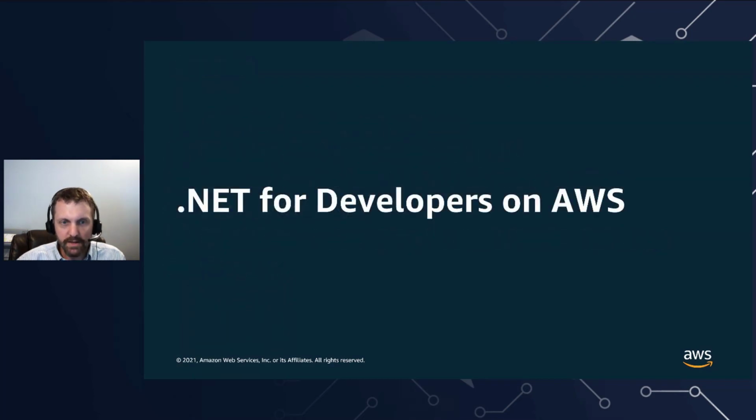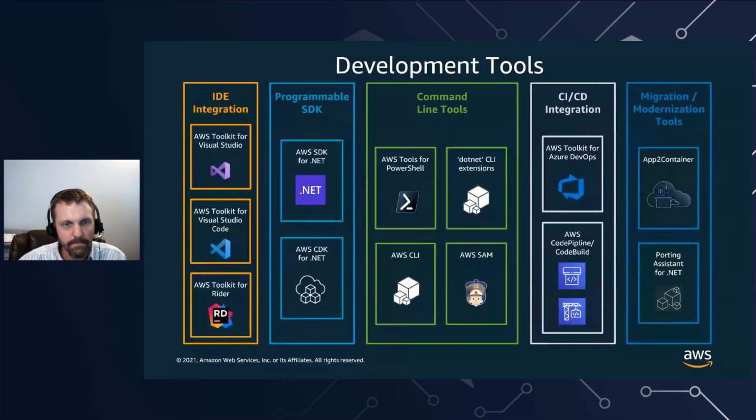So first of all, let's talk about the options for .NET developers when working within AWS. When it comes to tooling, .NET developers have a pretty wide range of tools available to them that are really well suited towards specific purposes.